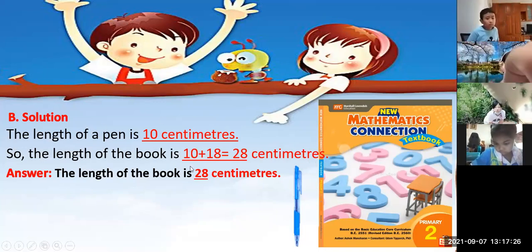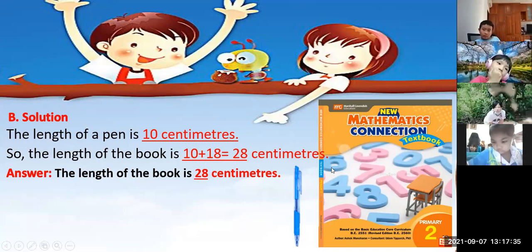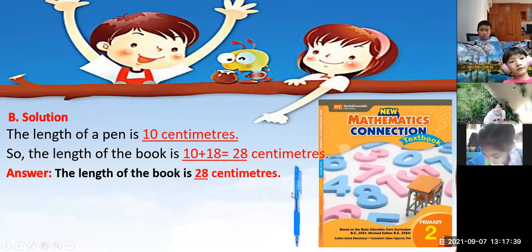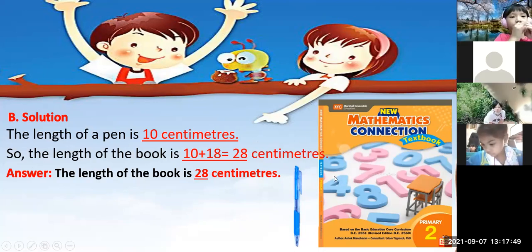So we will just add, okay? 10 plus 18 is equal to 28 centimeters. So the answer here, the length of the book is 28 centimeters, because we will just add here.